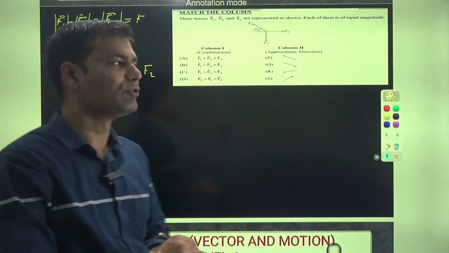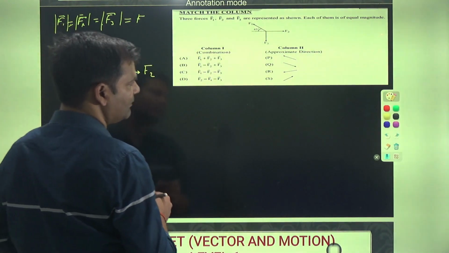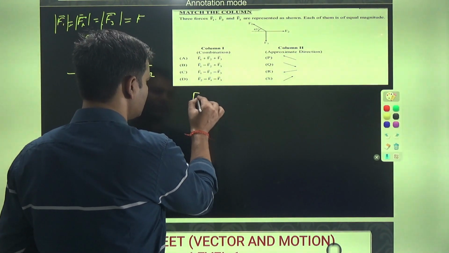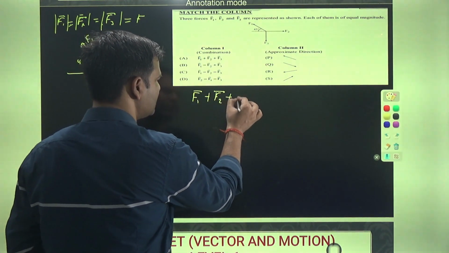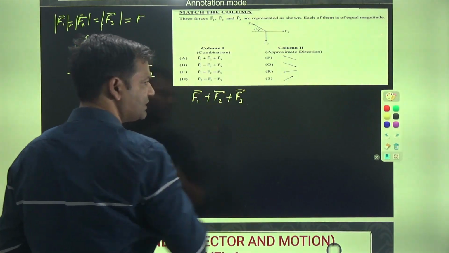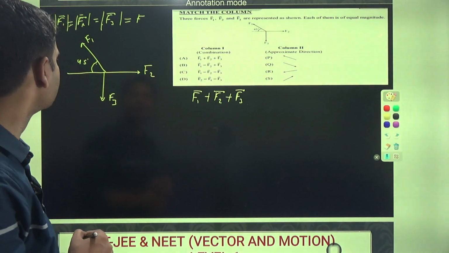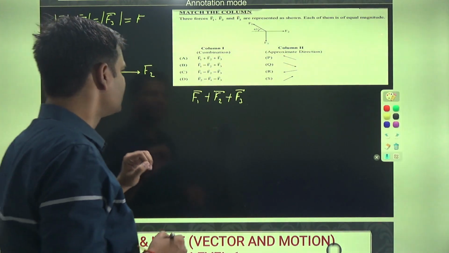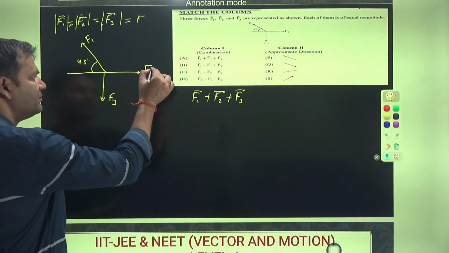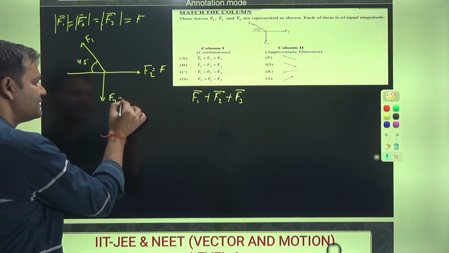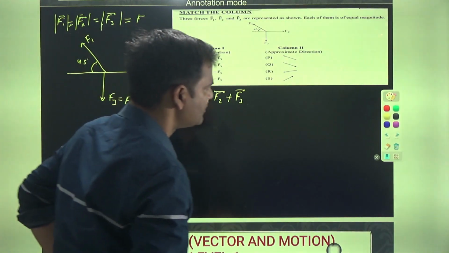Our target is to focus on F1 plus F2 plus F3. We have to focus on the direction of the resultant. The magnitude of this is F and this is also F. What about the resultant of these two?